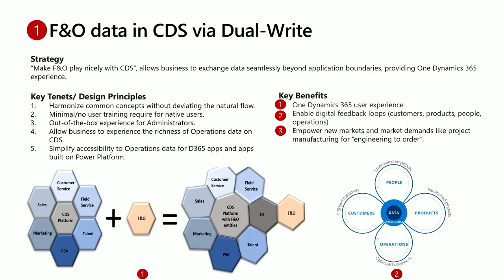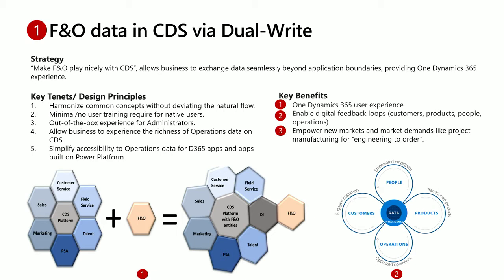That's where the LCS story comes into the picture. So when you are installing or provisioning your F&O instance as part of the F&O life cycle, you will be provided an option to enable dual write as an opt-in experience. It's a couple of clicks: you say you want dual write, say okay, and then it will ask whether you want to connect it with your existing CDS instance, or whether you have a new CDS instance in place.